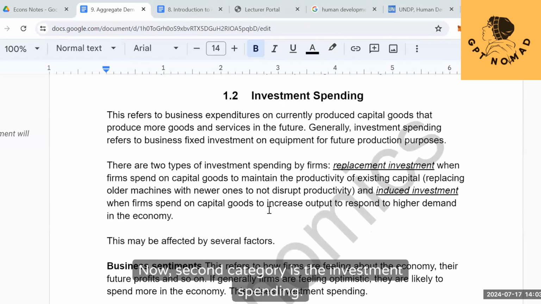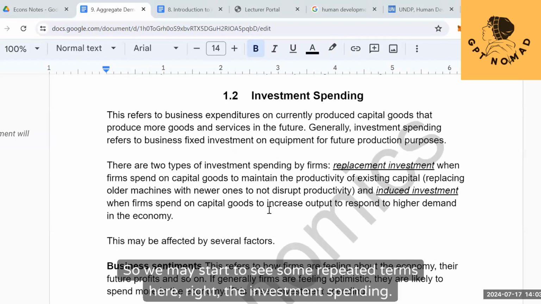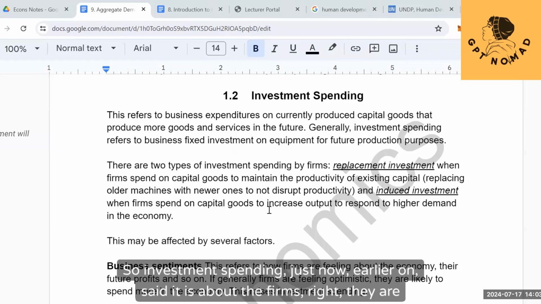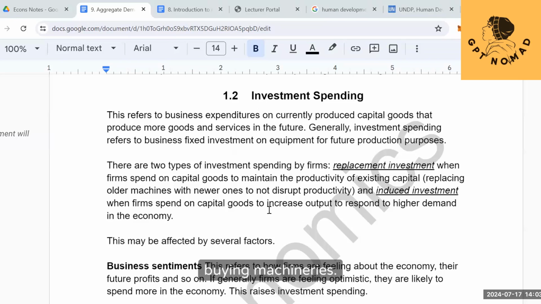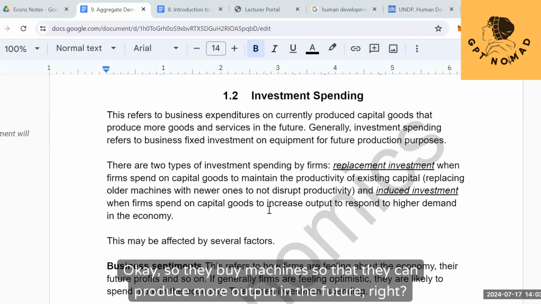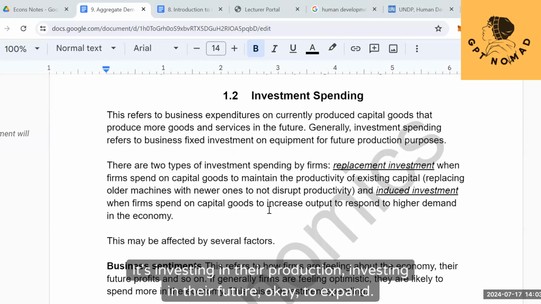All right. Now, second category is the investment spending. So we may start to see some repeated terms here, right? Investment spending, just now earlier on, we said it is about the firms. They are buying machineries so that they can produce more output in the future, right? It's investing in their production, investing in their future, to expand.